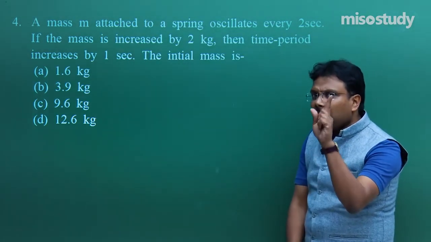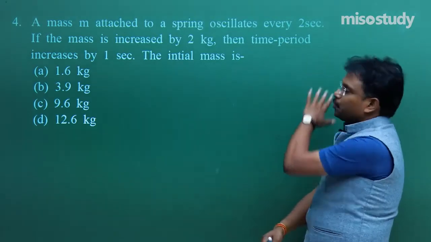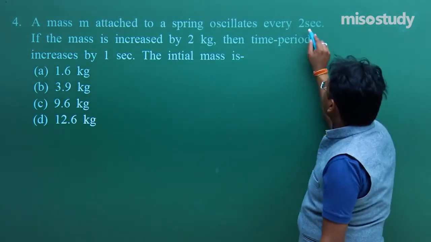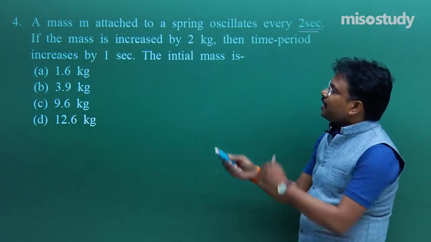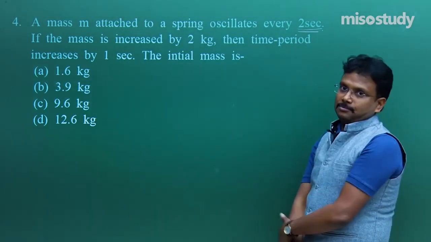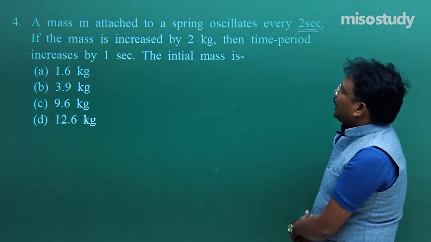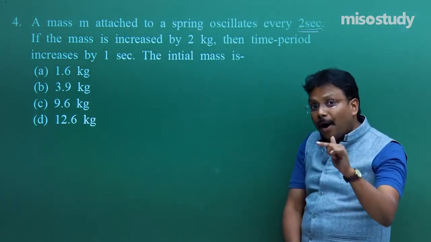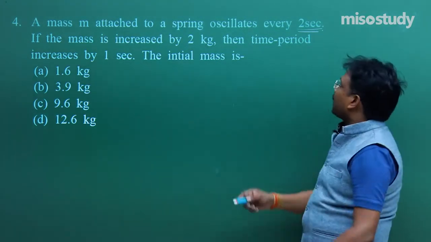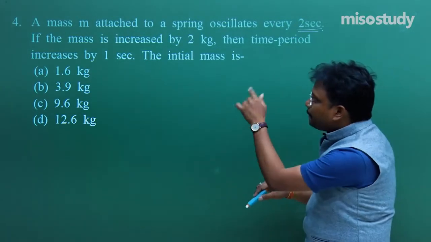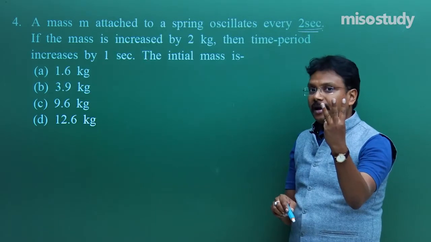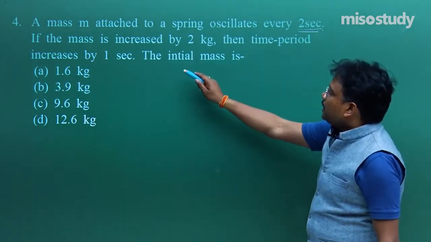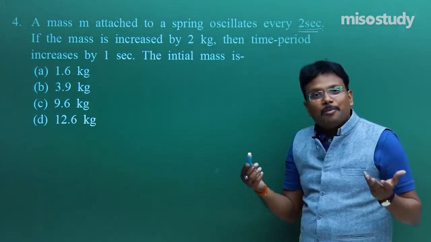It means time period is 2 seconds. If the mass is increased by 2 kg, then time period increases by 1 second. By 1 second means 2 plus 1, new time period is now 3 seconds, not 1 second. Fine. The initial mass is how much?